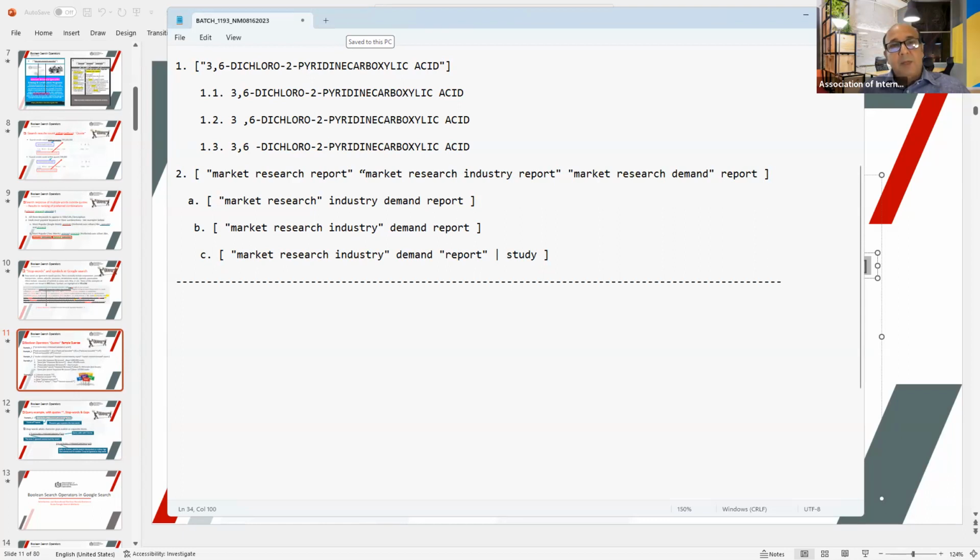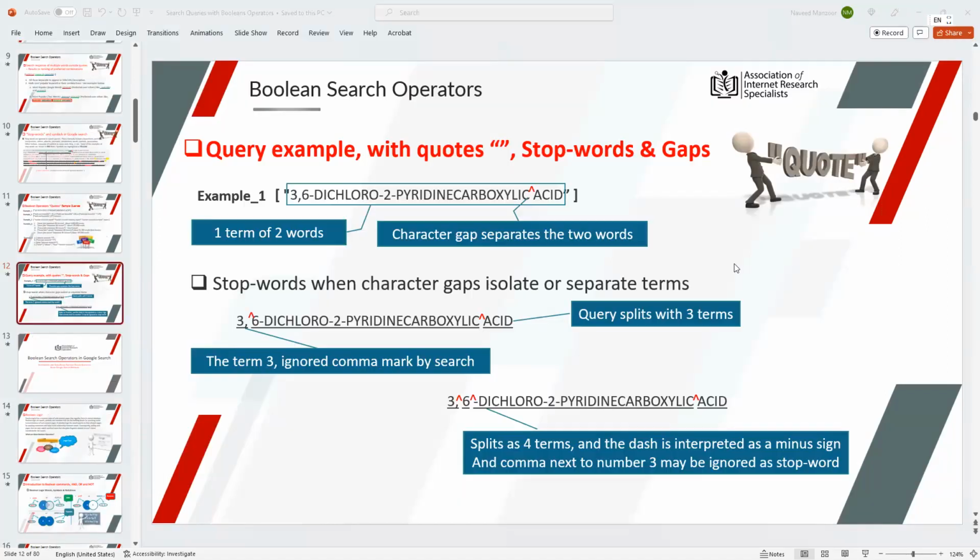I'm going to leave you with this thought. AND works just fine, but it's not required and not recommended anymore by Google, just because it thinks the quotation mark would do the same thing. However, AND does work, but not encouraged for a reason. So that's what we will do.